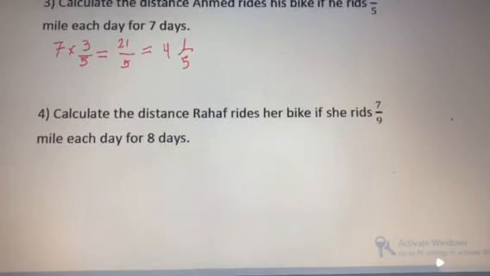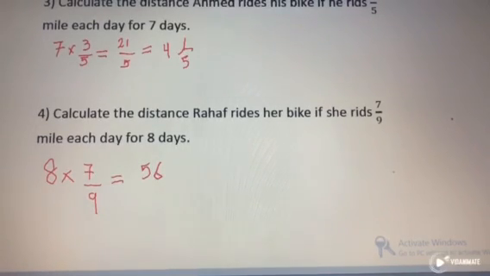Now calculate the distance Rahaf rides her bike if she rides 7 over 9 miles each day for 8 days. I will multiply 8 by 7 over 9. Now 8 multiply 7 equals 56 over 9.